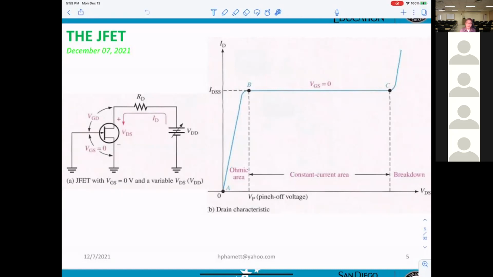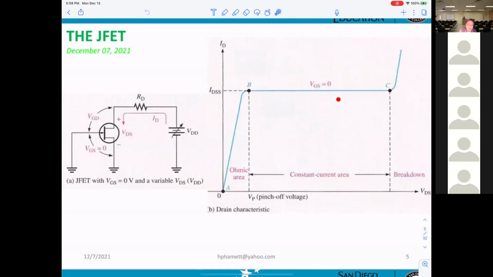But I still need more for the definition of IDSS. Is it the maximum current when the drain and the source are shorted? Or is it the gate? IDSS is the maximum current when VGS equals 0. VGS equals 0 means the gate and the source are shorted. That is the basic definition.